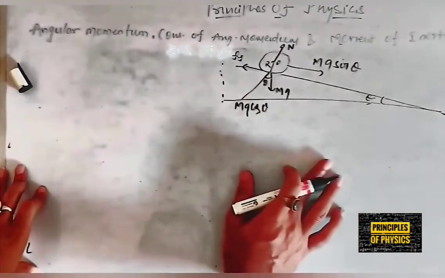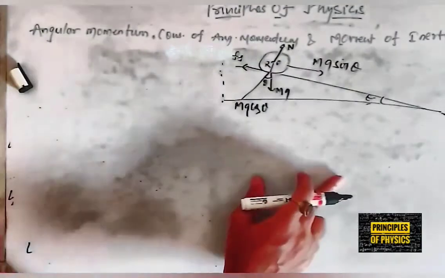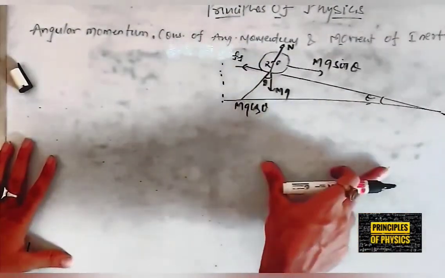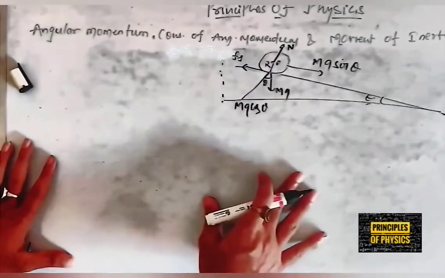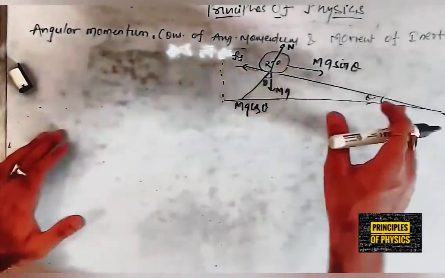Now we will discuss the last topic, that is moment of inertia, and we will cover this topic through this diagram, and we will try to understand on what factors moment of inertia depends and what it really is.